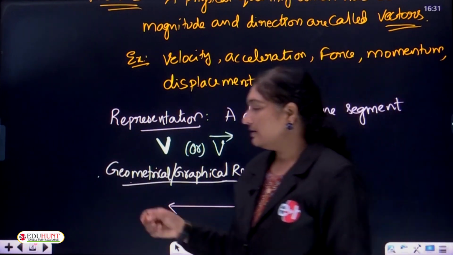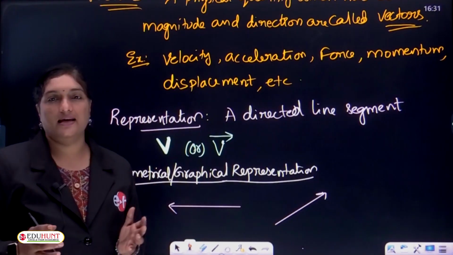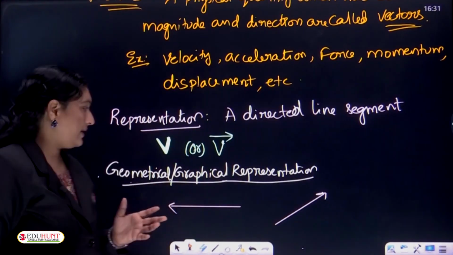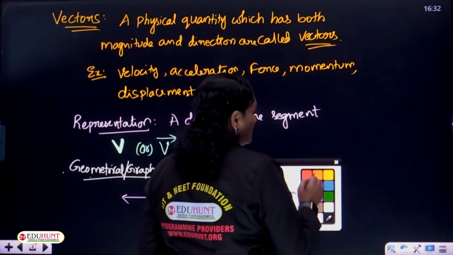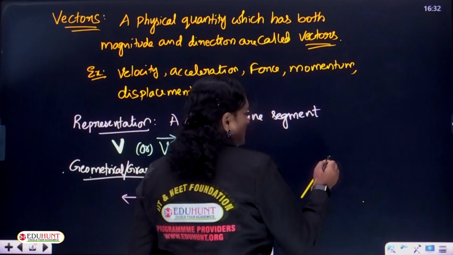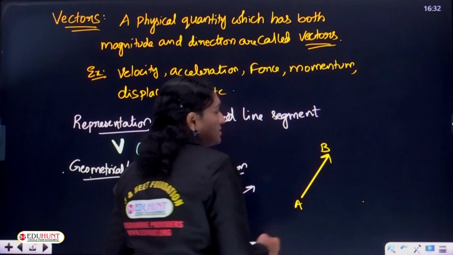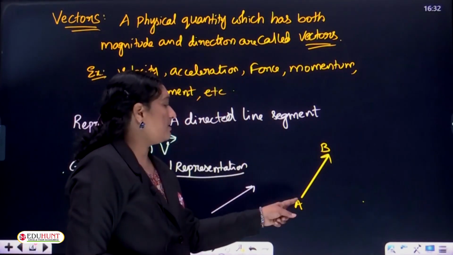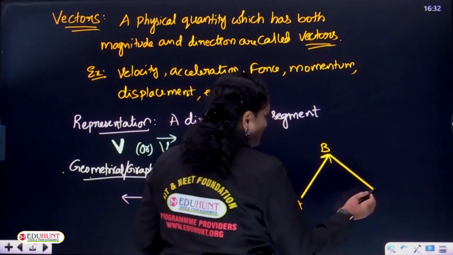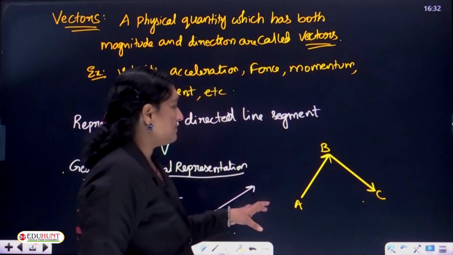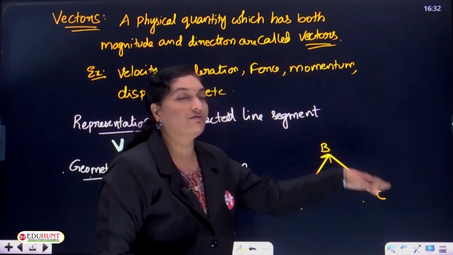But before that, I would like to give you one more example. Suppose a person moves initially in this direction, represented as A to B. So the person has moved from A to B and then again from B to C.